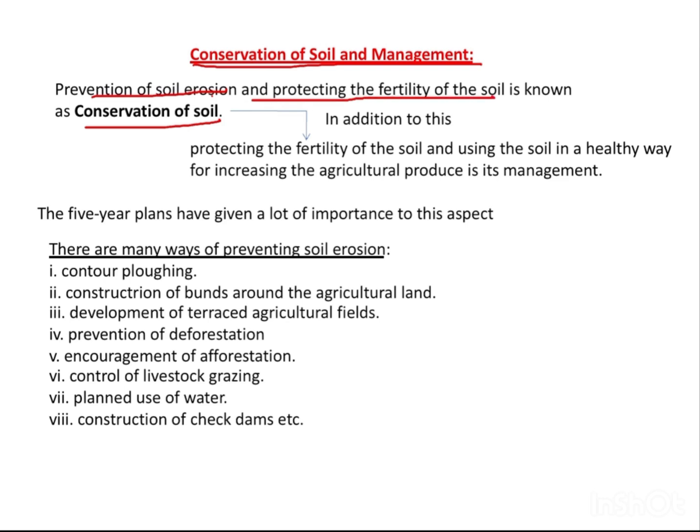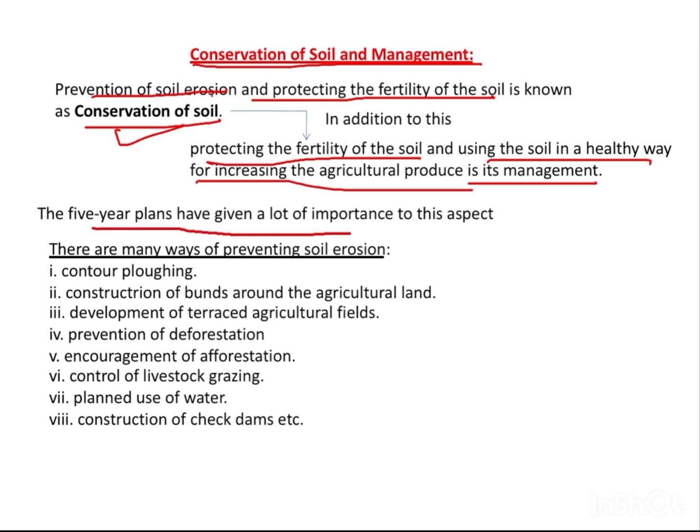Along with protecting the fertility of the soil, using the soil in a healthy way for increasing agricultural produce is known as its management. The five-year plan has given a lot of importance to soil conservation and management.